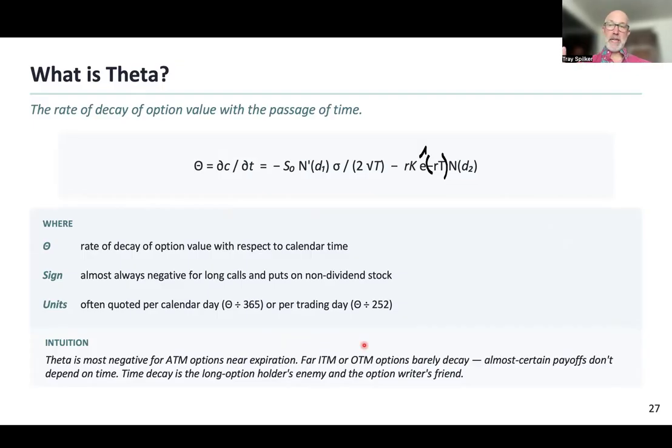It's either going to expire in the money or out of the money, right? So time decay is a long option holder's enemy. And then, of course, the opposite is true for whoever writes the option. Theta is your friend. You gain money every day that option stays alive and at the money in particular.